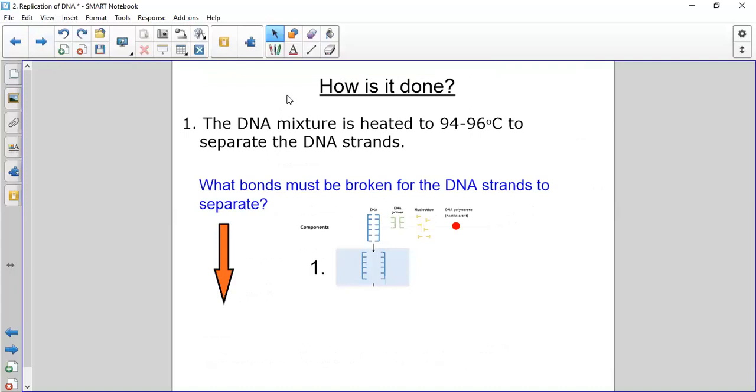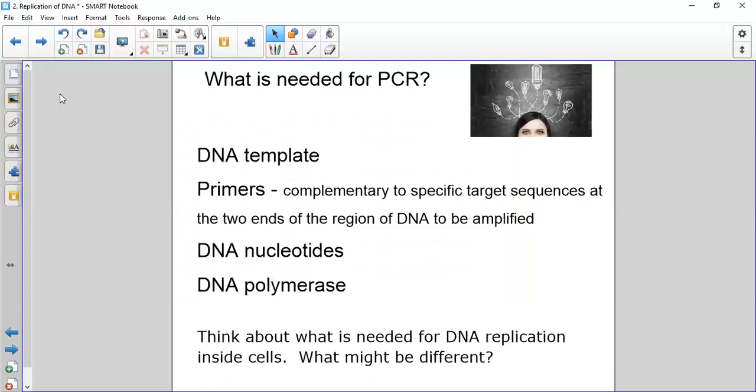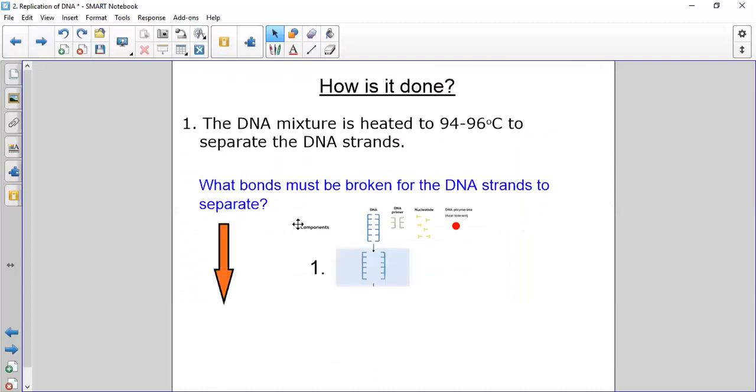Right, so what do they do? There's a lot of temperatures involved. They put all their ingredients, all these things we've just said, into a tiny little tube, and they stick it in a machine. That machine then heats the stuff up to between about 94 and 96 degrees Celsius, and that separates the strands.